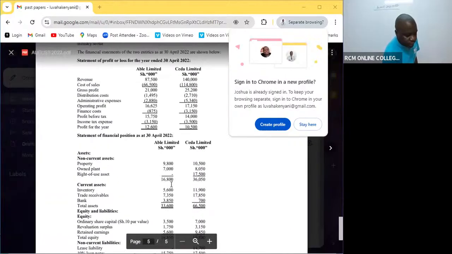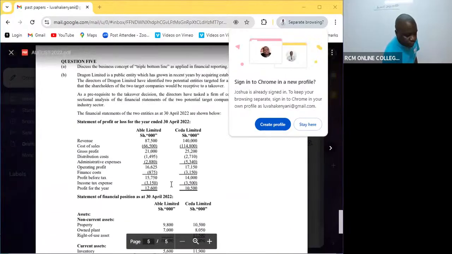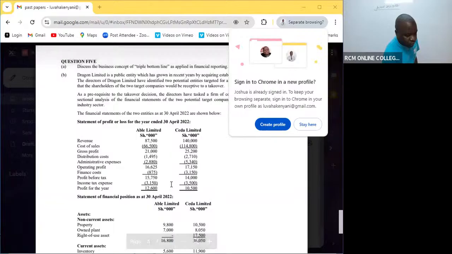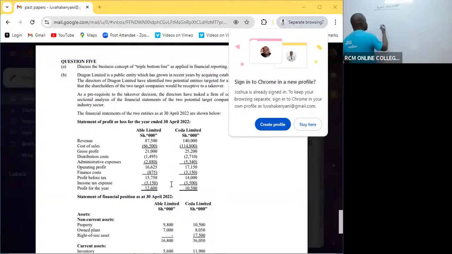So we represent the statements. That is a common size statement, the common size statements for the 2 entities.